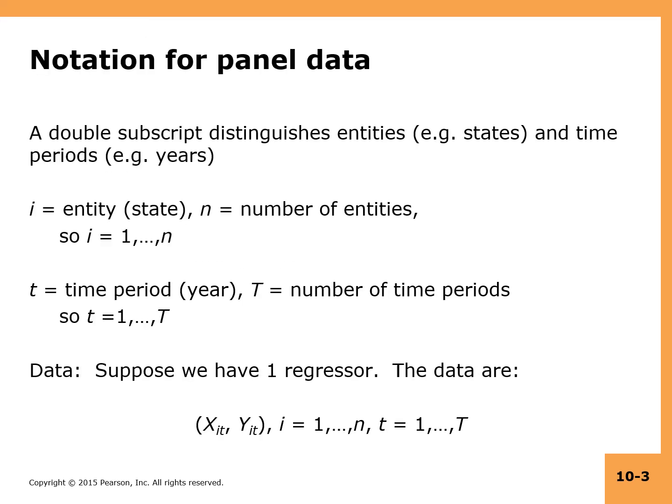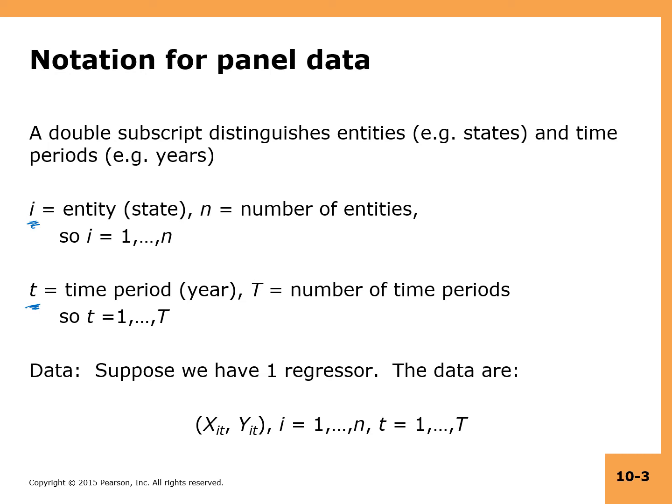Let's talk briefly on notation for a panel data set. So in the previous example where we had 420 school districts, we used the notation i to indicate which school district the data point was from. We didn't have a subscript t because everything was from 1999.